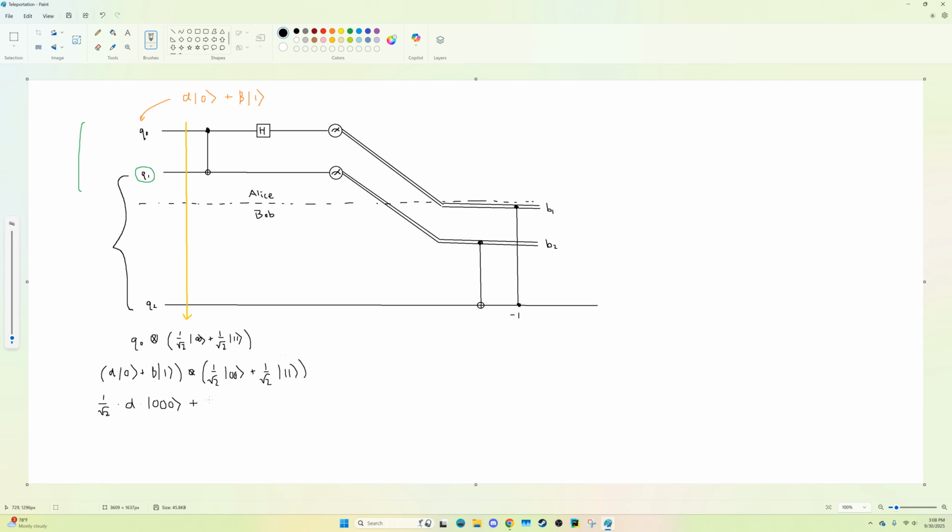And this is going to become 1 over square root of 2 times alpha times 0, 0, 1, 1 plus 1 over square root of 2 times beta times the vector 1, 0, 0 plus 1 over square root of 2 times beta times the ket vector 1, 1, 1.